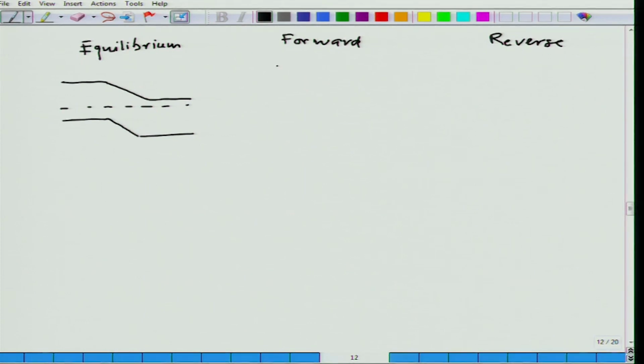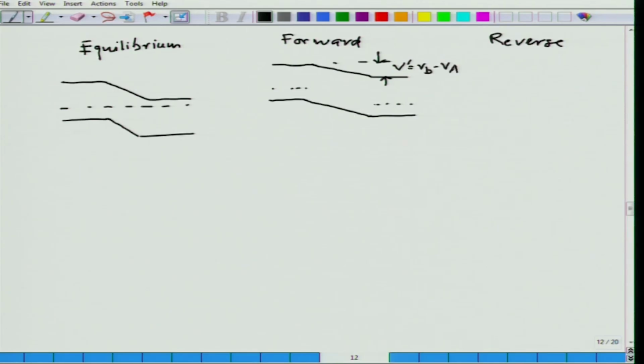Basically, what I am saying is that I do not have equilibrium anymore, and hence the Fermi levels are not aligned, but the difference between the two sides reduces. The V prime becomes equal to V built in minus V A.